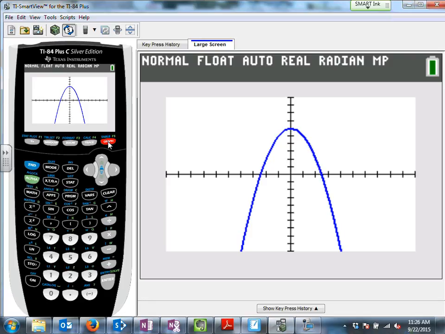Does that make sense? It only works on this one, because the derivative of an x squared function is going to be a linear function. That's not going to work if it's cubic or quartic or anything else. If it's linear, it works, but if it's not.